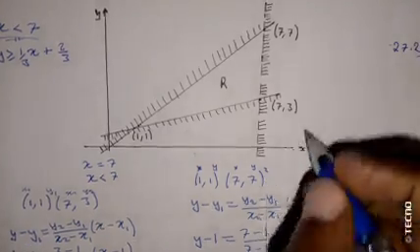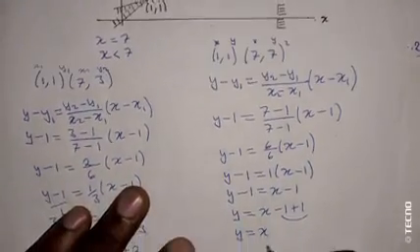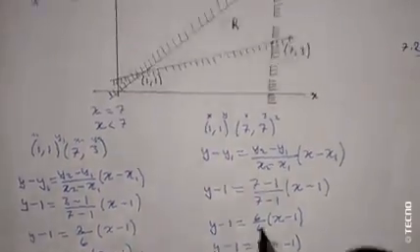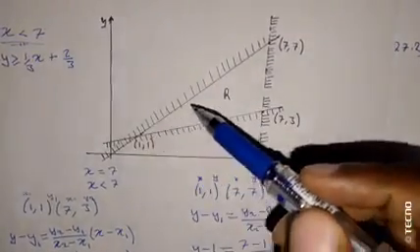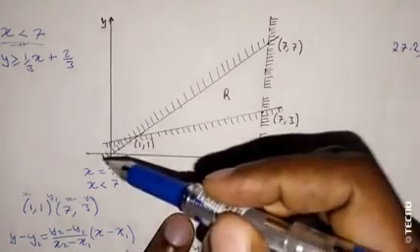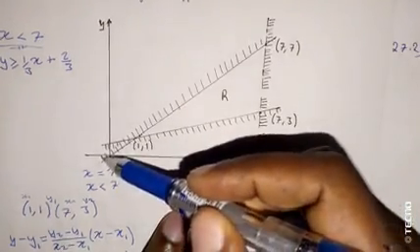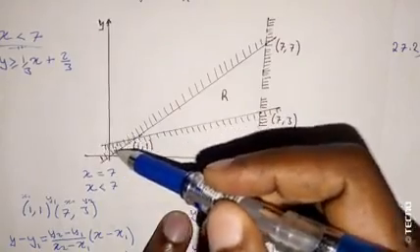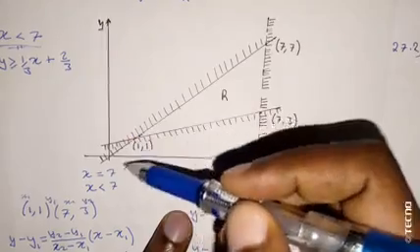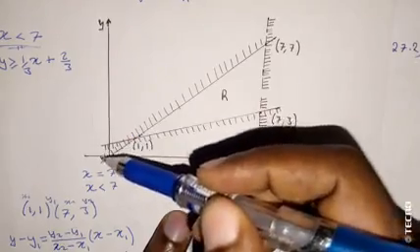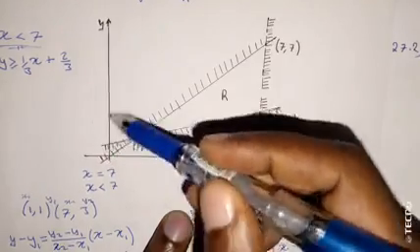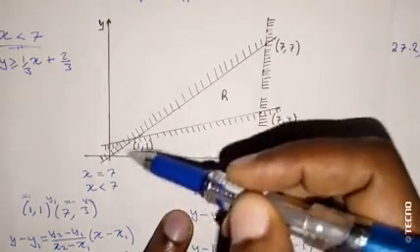The shaded part shows the values of y which are greater at this side, and this side are less than.